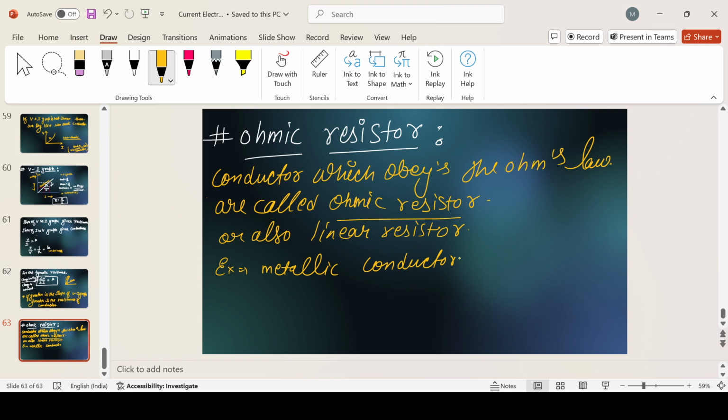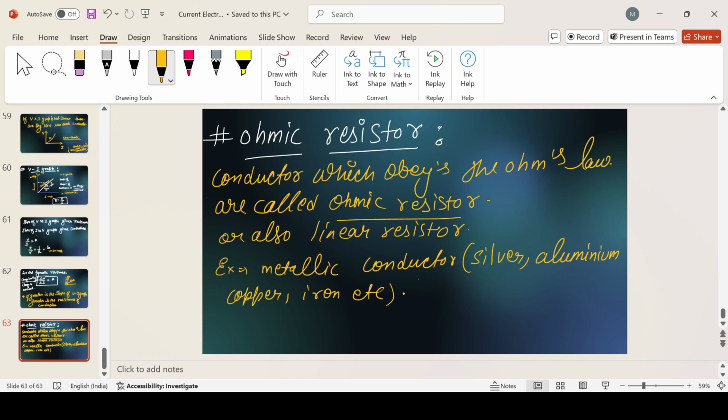So all metallic conductors like silver, aluminium, copper, iron, etc. So these are the metallic conductors. ठीक है, got it? Yes, sir.